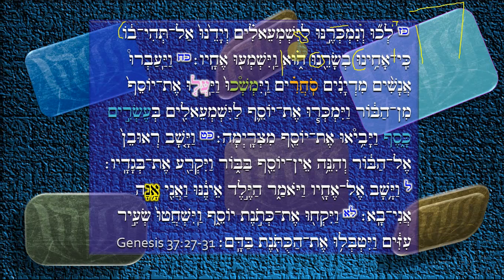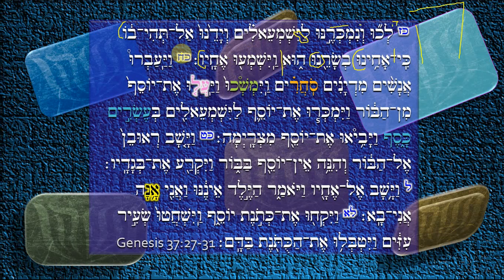Flesh. Who he is. Remember, you're thinking like Yoda. Our flesh it is. Right? So it's our flesh, he is. Vayishme'u echav, so they obeyed his brother. Okay, so they listened to him.